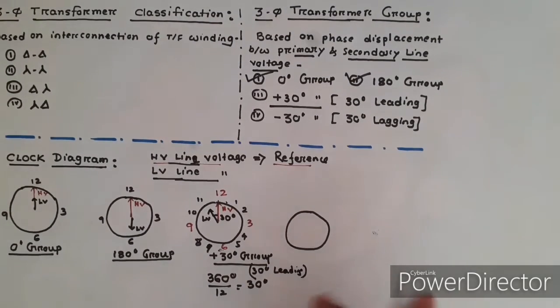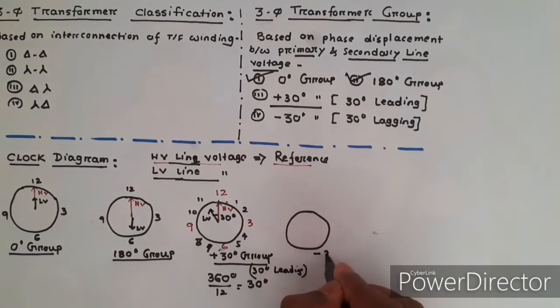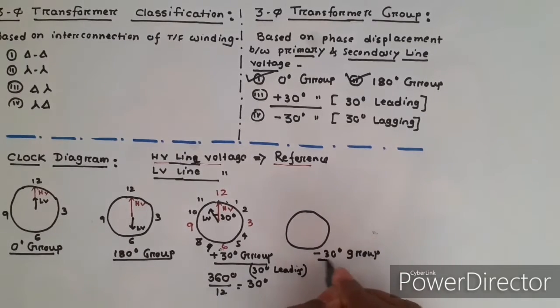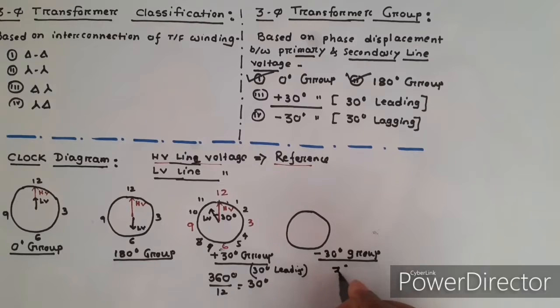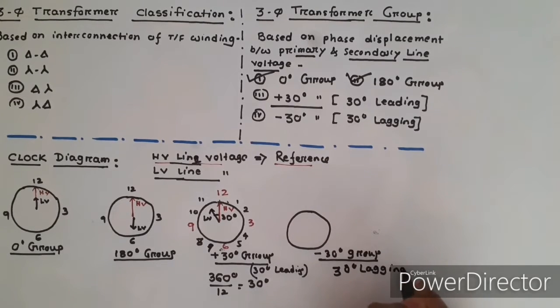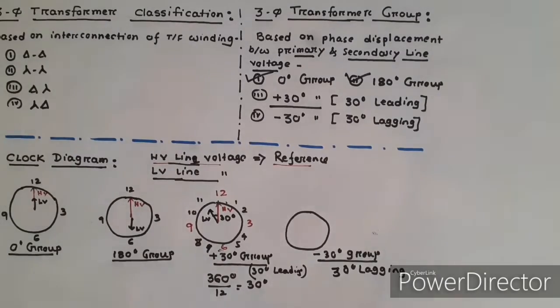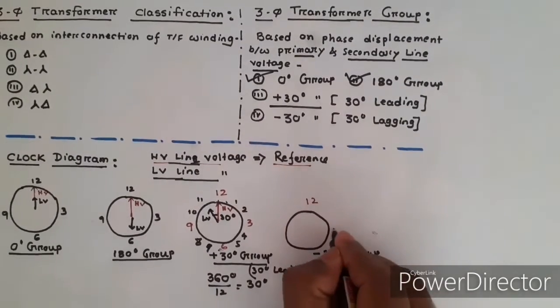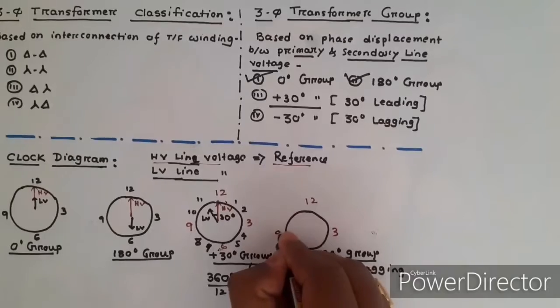Now in minus 30 degree group or 30 degree lagging, it is 12 o'clock, 3, 6 and 9.